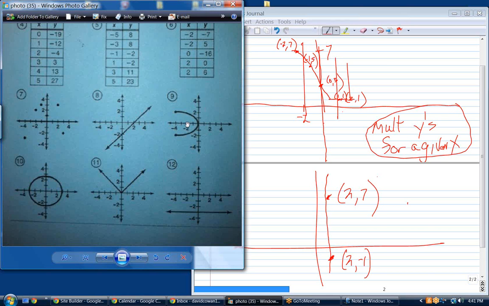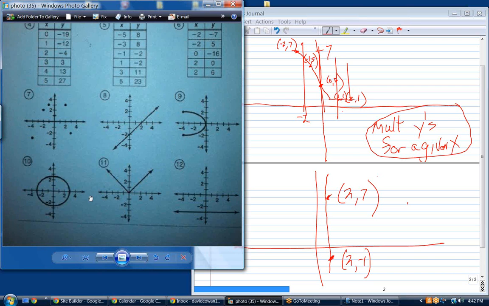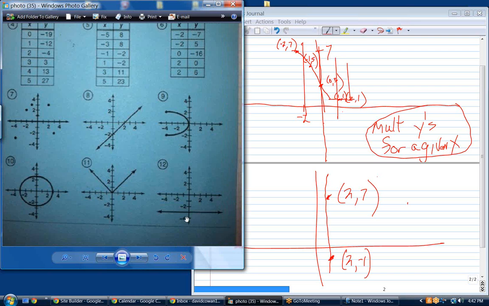No. It not only fails the vertical line test, but at a whole bunch of values for x, there's 2 different values for y. In other words, when x is -2, y is +2, but y is also -2 down here. So how about number 10, circle? No. 11? Yes. 12? Yes.